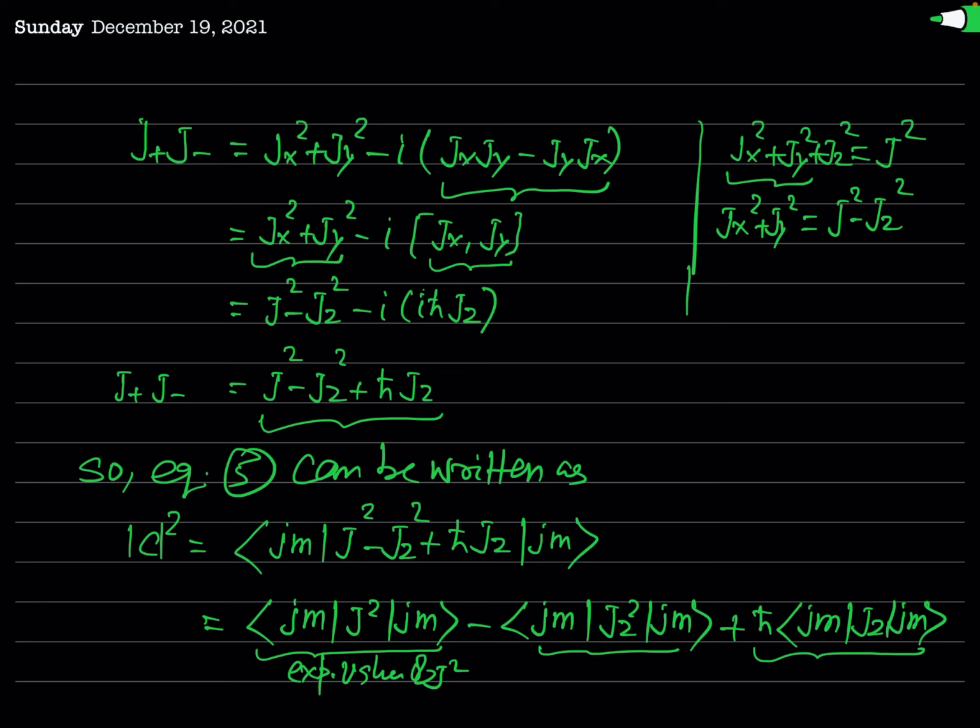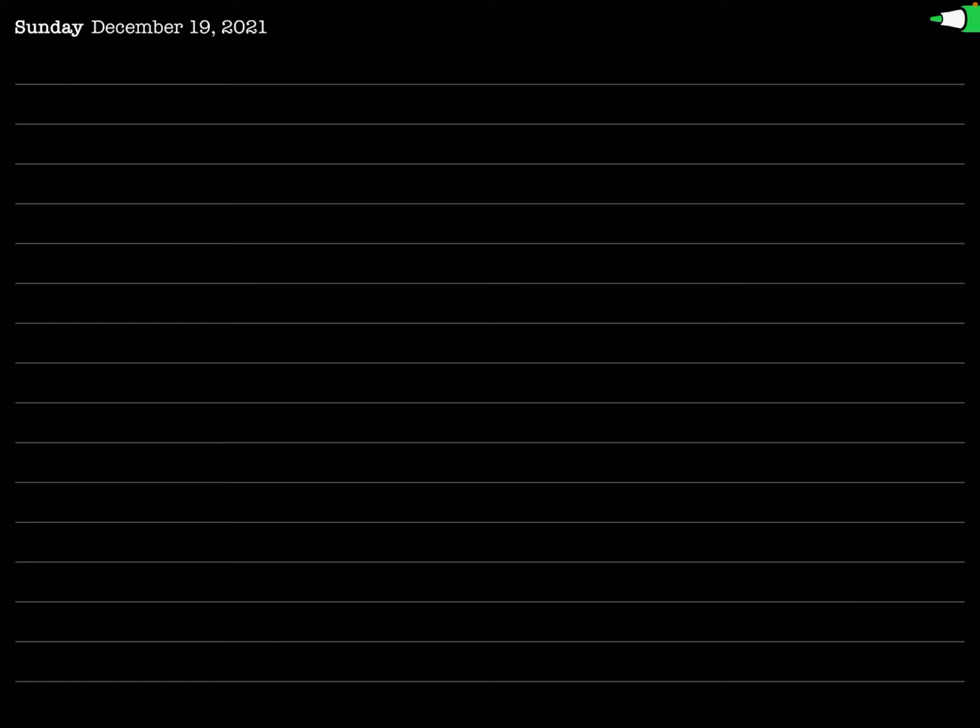So the eigenvalue of this operator j square will be simply its expectation value. So the first term is simply the eigenvalue of the operator j square. The second term is the eigenvalue of the operator jz square, and the third term is the eigenvalue of the operator jz. Now you know these eigenvalues, so you can write what will be your result.